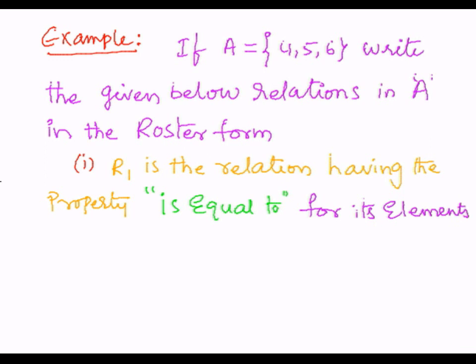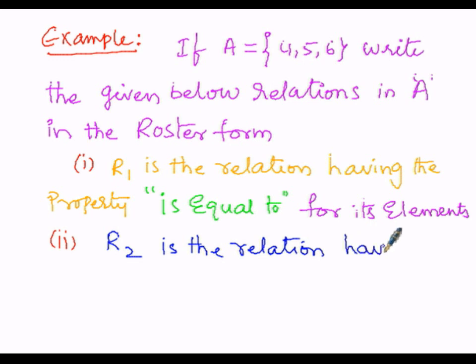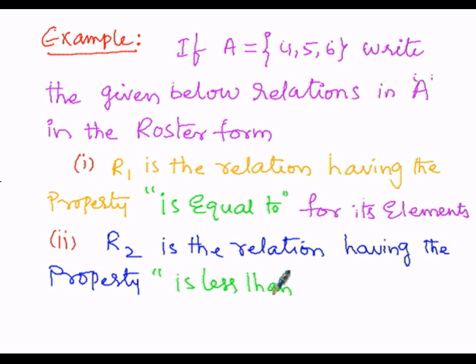Whereas the second one, we are assuming the second relation as R2. So, R2 is the relation having the formula, or in other words having the property, that is less than. So, here in the second case, the formula of R2 is less than for its elements.